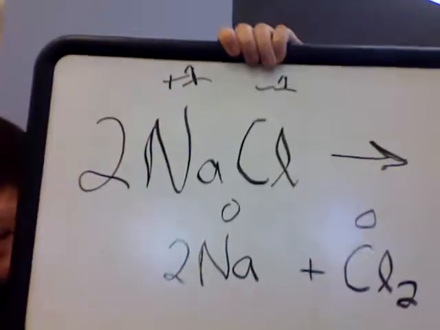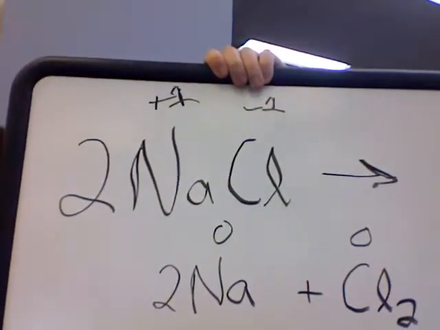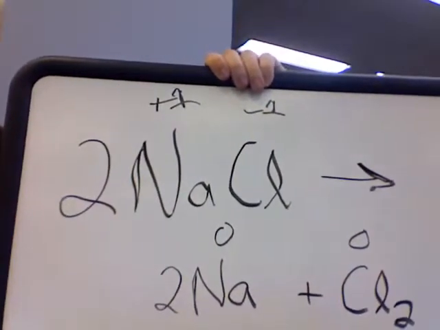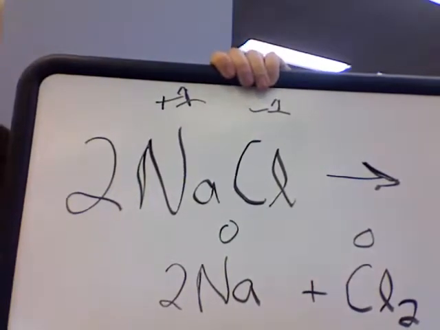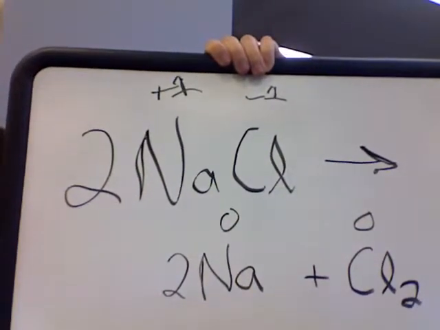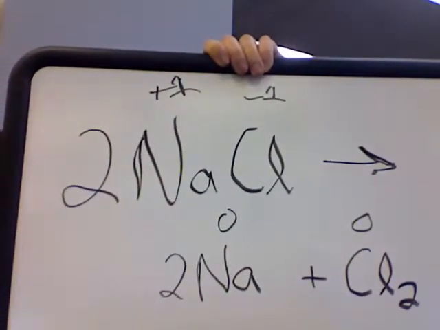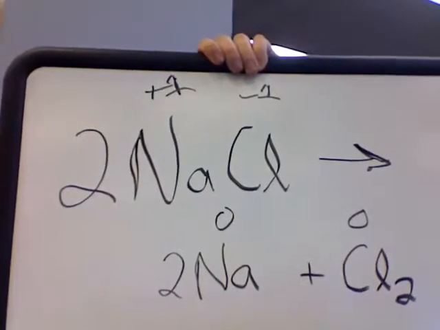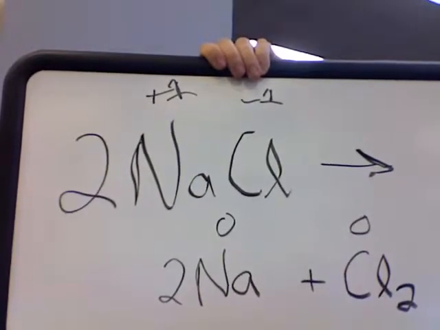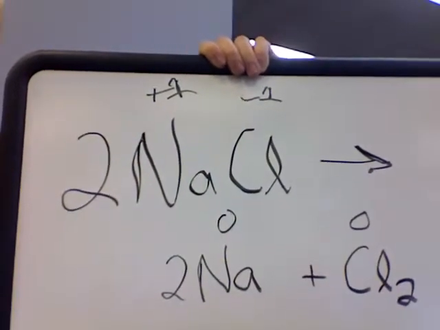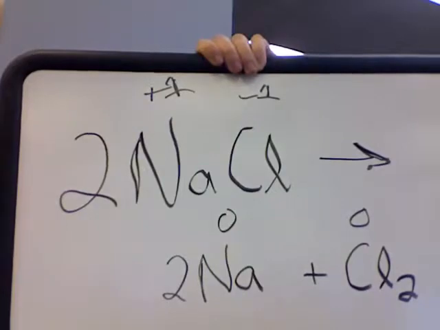So we can see that the sodium is positively charged and the chlorine is negatively charged in the table salt molecule, but then becomes its normal state when it becomes its normal element.